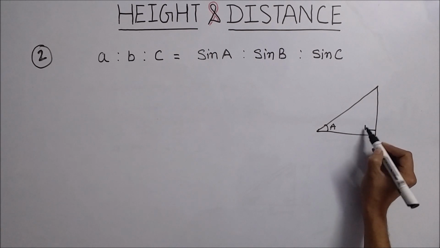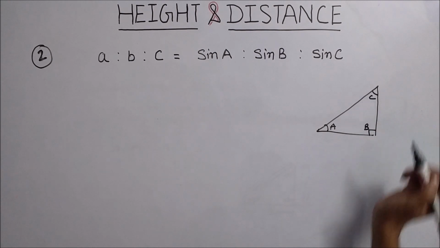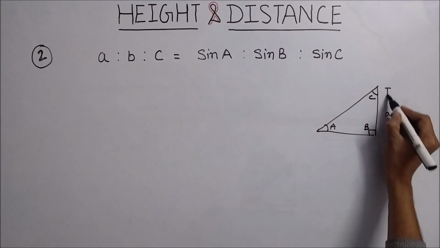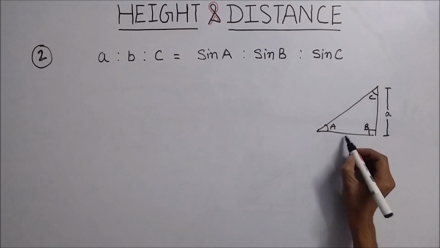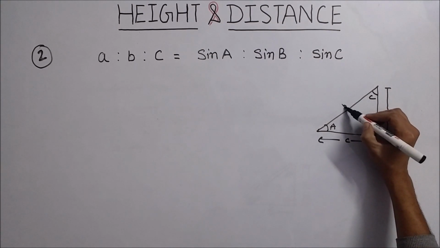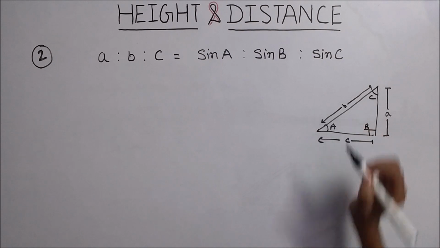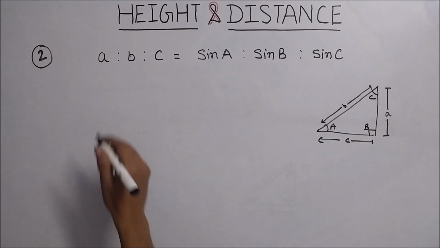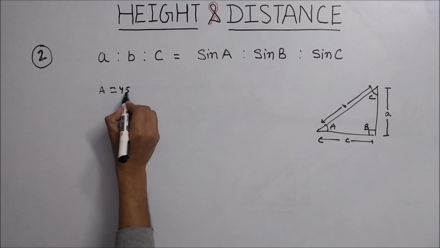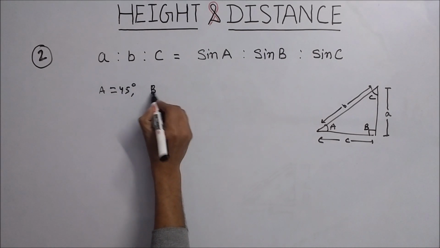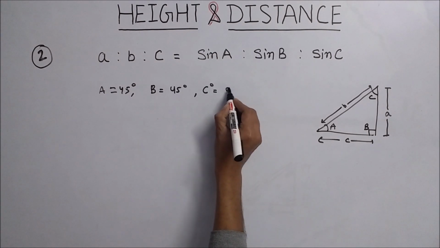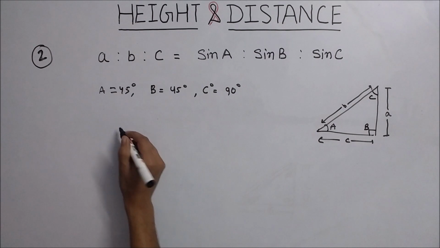This is A, this is B, and this is angle C. If you're talking about angle A, the opposite side is A. If you're talking about angle C, the opposite side is C. And if you're talking about angle B, the opposite side is B. Now this time you have to put the value of A as 45 degree, the value of B as 45, and the value of C as 90 degree.